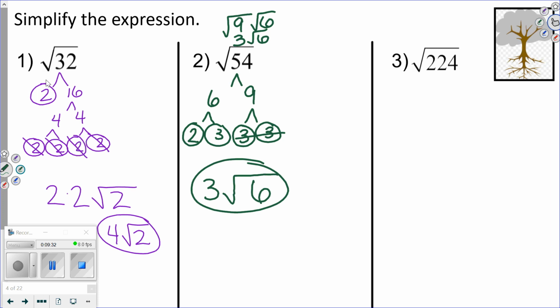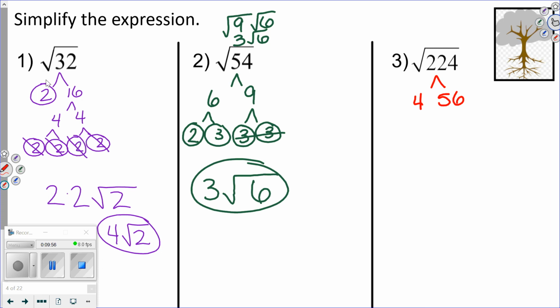All right, what about number 3? Is that perfect? No. All right, so let's do a factor tree. 4 and what? 4 and 52. Is that what you said? 56? This is what I get for listening to other people, right? I should just do it in my head.